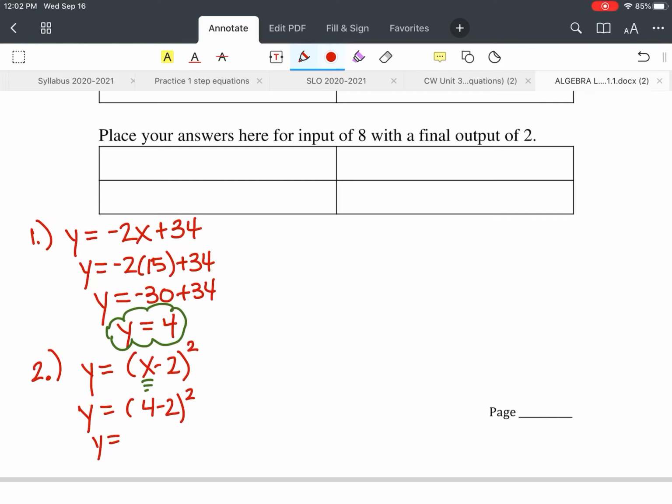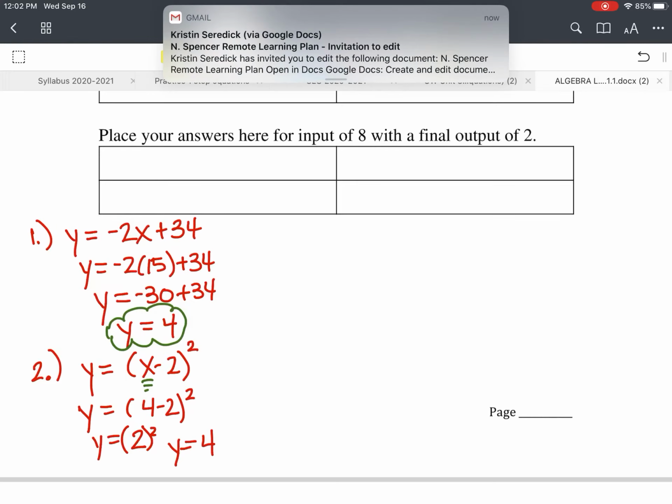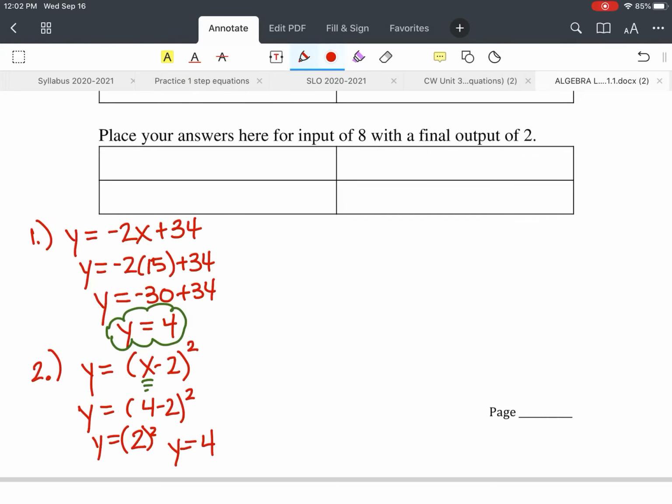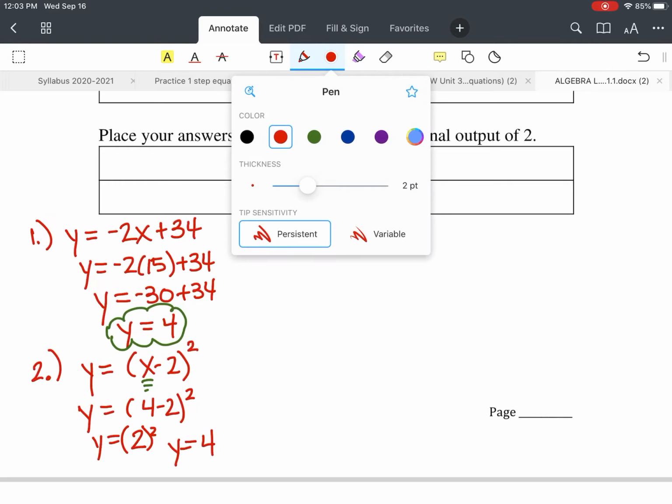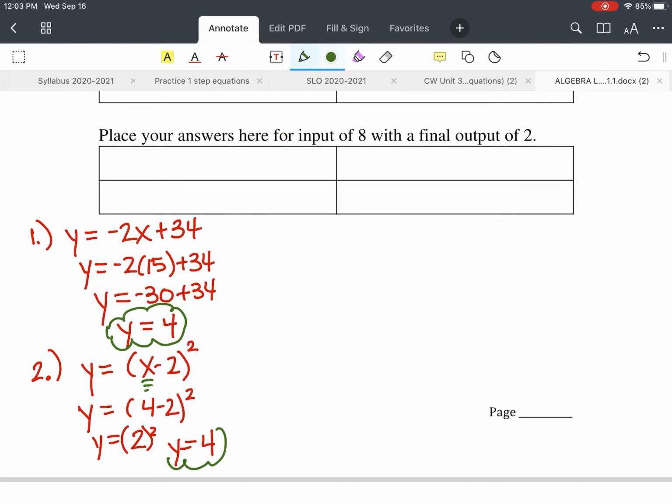So we're going to say y equals 4 minus 2 is 2 squared. And what is 2 squared? 2 times 2 is 4. Well, it just so happens that we got a 4. That doesn't mean that you're always going to get the same number every time you do it. But now we have a new input for our next problem.